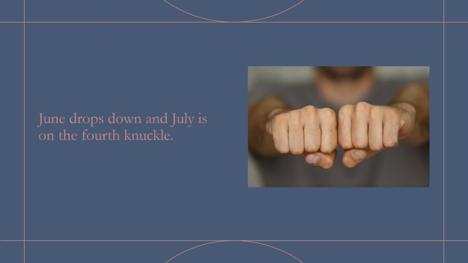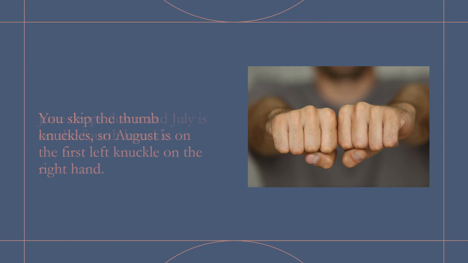And June drops down with July on the fourth knuckle. You skip the thumb knuckles, so August is on the first left knuckle on the right hand. September drops down, etc.